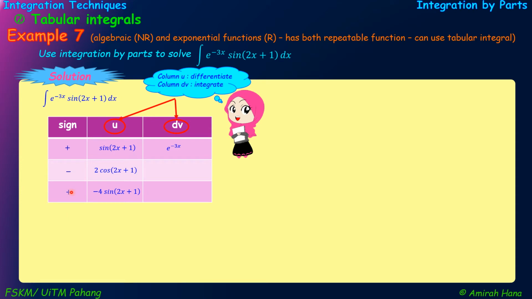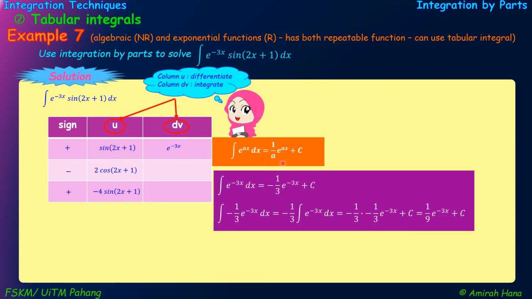After that, we integrate column dv. To integrate e to the power of negative 3x, we can refer to this formula, where a is a constant. Now our a equals negative 3.